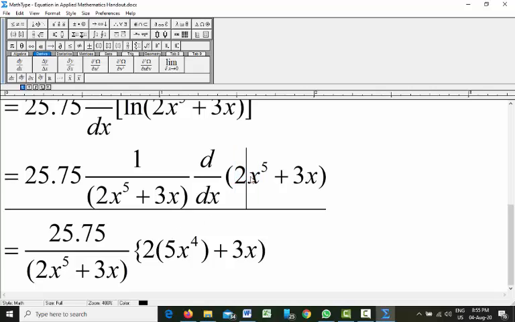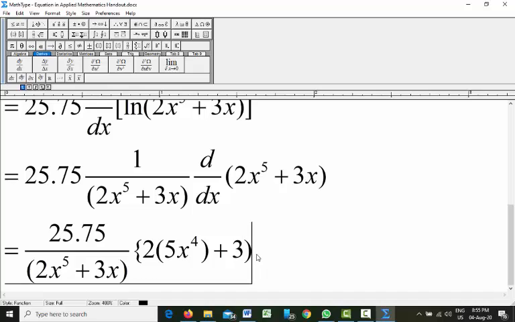If we do differentiation of x to the power 5, we get 5 x to the power 4: the power comes out, and the existing power is reduced by 1, so the power becomes 4. Now if you do differentiation of 3x, we get only 3.